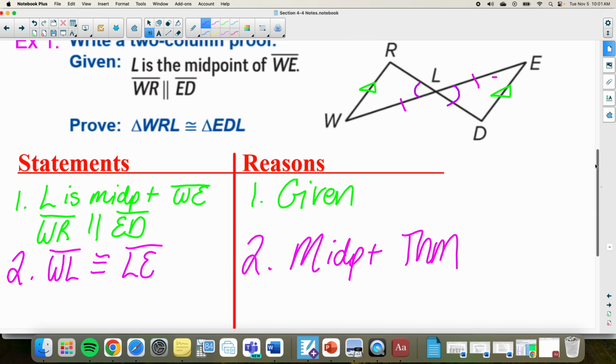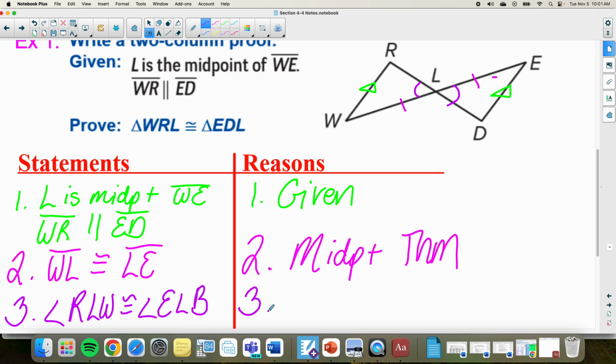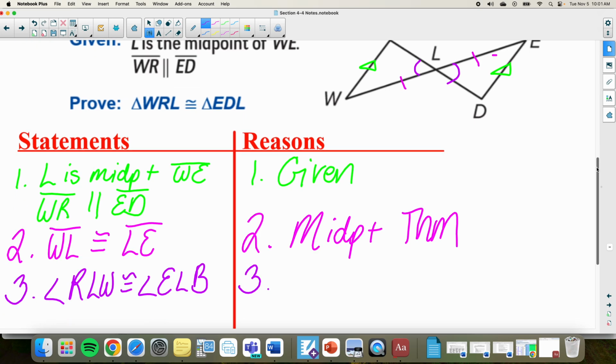Now, do you guys all understand when you're writing these angles, you have to use 3 letters, okay? So I can say angle RLW is congruent to angle, and I could either say ELD or DLE. I'm gonna say ELD, okay? And when it's vertical angles, how do you say that again?